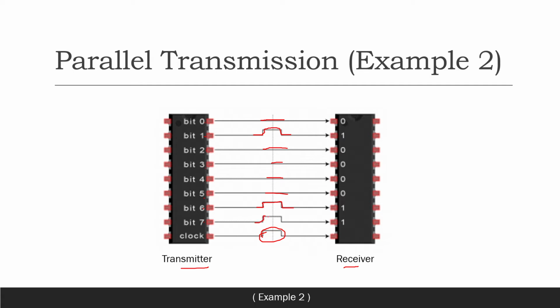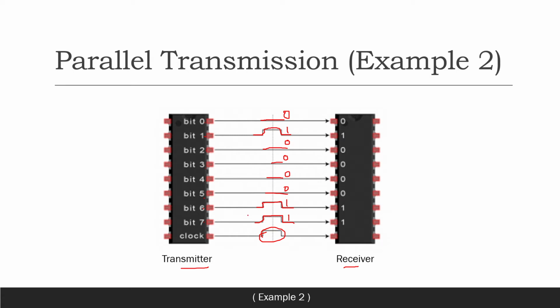This is also representing bit 1. Binary 0 is transmitted when no waveform is there, and binary 1 is transmitted when a waveform is present. So here 0, here also 0, 0, 0, 1 and 1. So 0, 1, 0, 0, 0, 0, 1, 1.